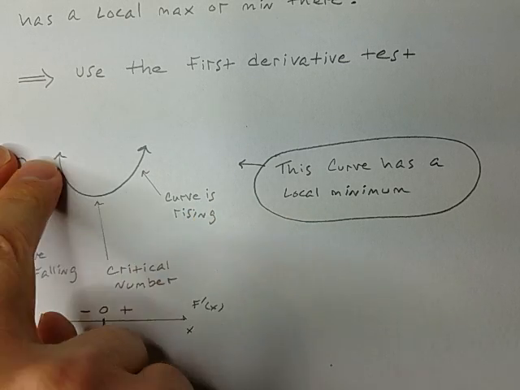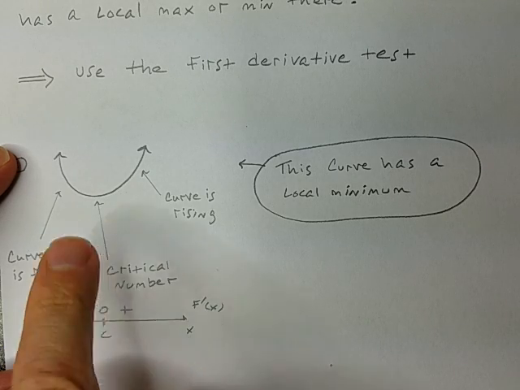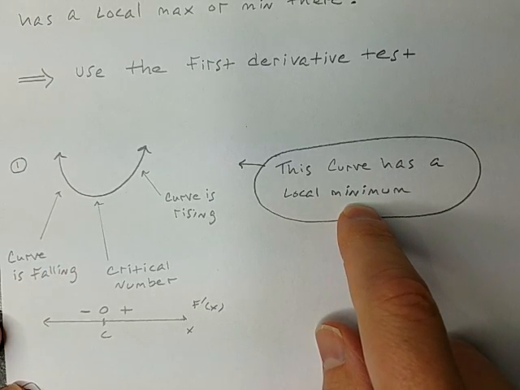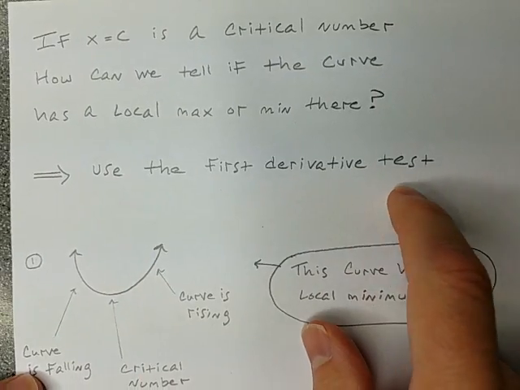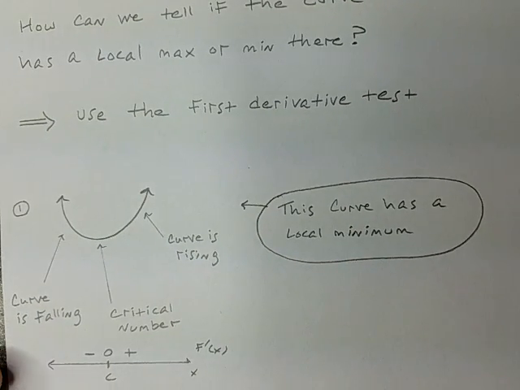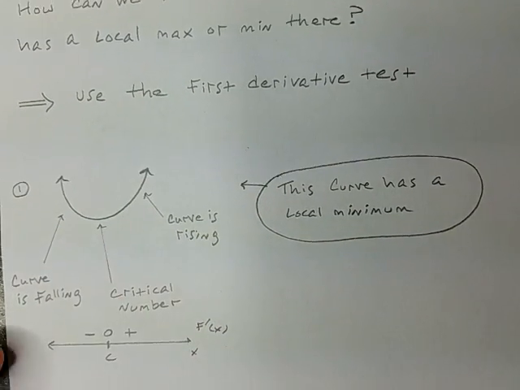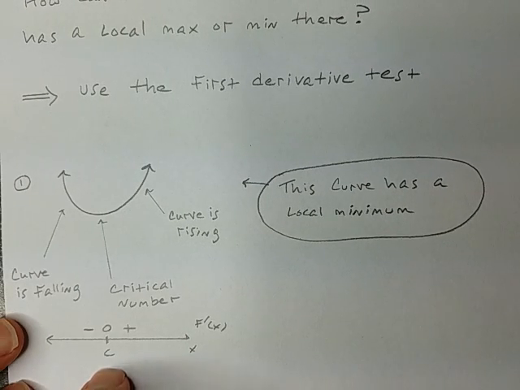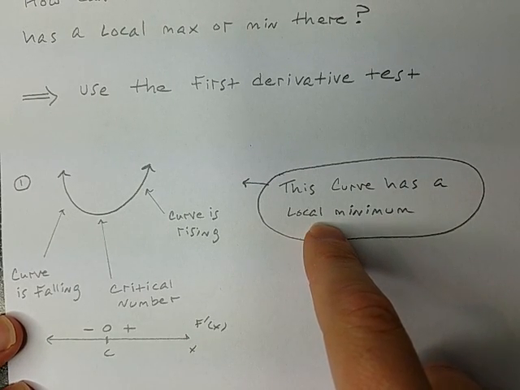That table indicates this shape, and that shape indicates that there's a local minimum at the critical number. So the first derivative test is just a way of thinking about the shape without drawing the graph. You'll make a chart like this, and that gives you a way to imagine what the shape is and determine if there's a local minimum or maximum.